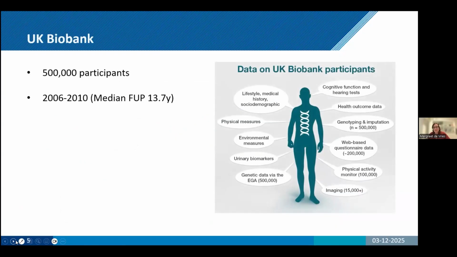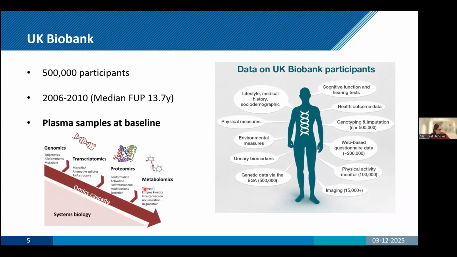We start this study using the UK Biobank. The UK Biobank is a study where 500,000 participants were included from 2006 to 2010. At the baseline, plasma samples were collected, but also a lot of data as shown here in this graph.